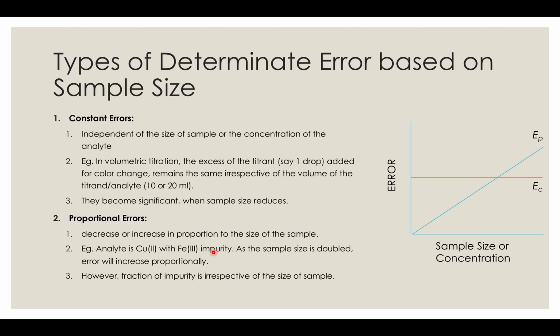So the fraction of impurity will remain the same, but if you look at the error not in terms of percentage but in terms of a real numerical value, then as you increase the sample size, you will still see an increased error. So that is how the graph of constant and proportional error looks.